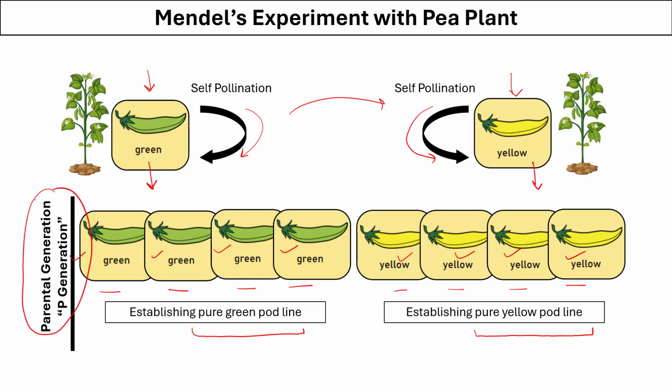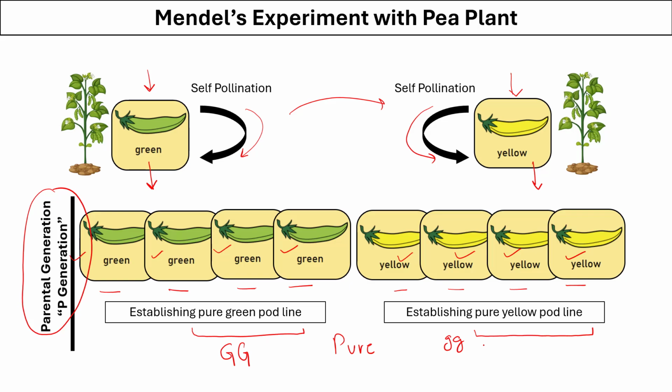Now these are the parents which are pure. Pure means, if we try to guess, maybe green color is both capital G, and this one is both small g, small g.